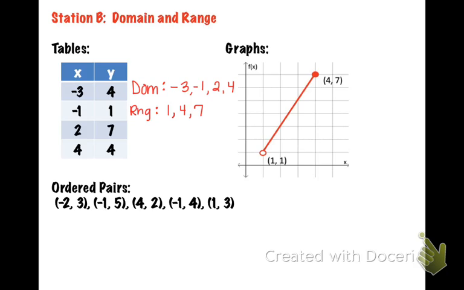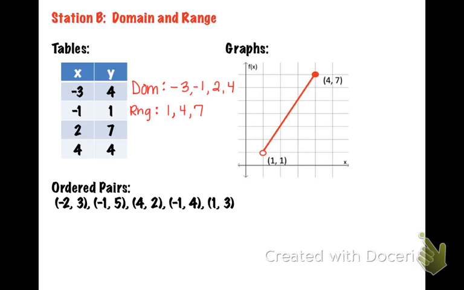Looking at graphs, if all I had was a bunch of dots, that's when I would make a list just like we did when we looked at the tables. But since I have a line that connects all the values in between, we're going to use an inequality to write the domain and the range. For the domain, we want to look at all the x's.